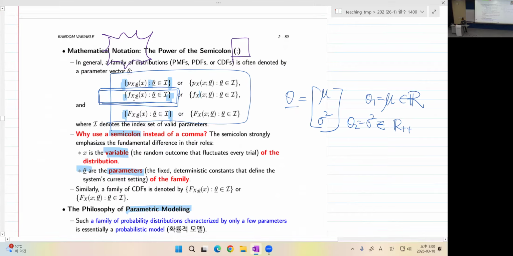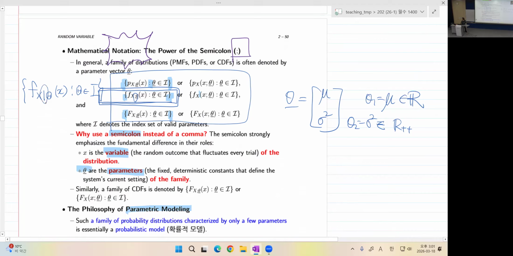By the way, here we use a semicolon. And you may say that, well, let me just use a conditioning bar, and I've seen something like this. Actually, these two notations are very similar, but a little bit different. Okay.